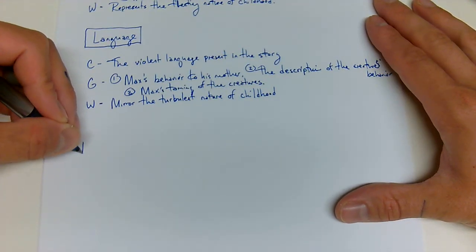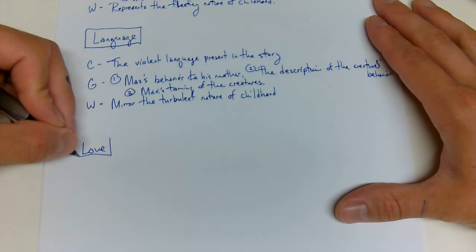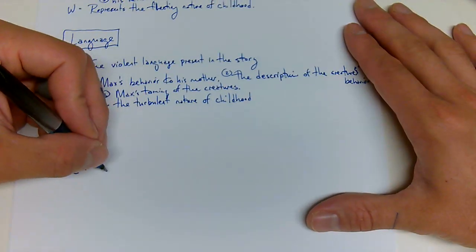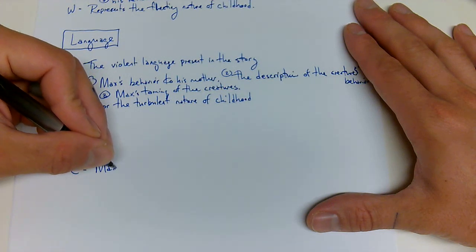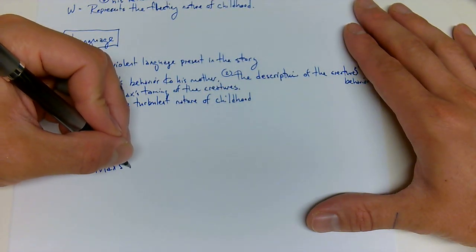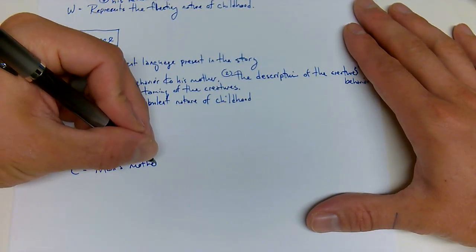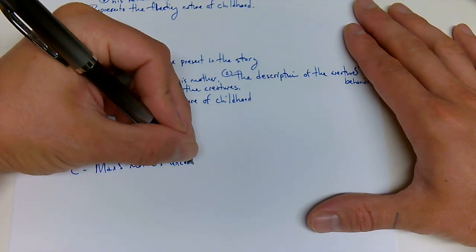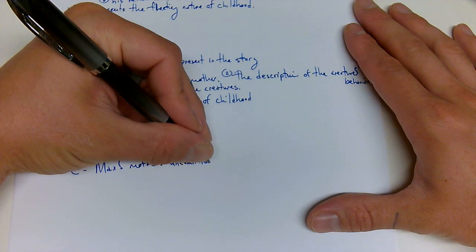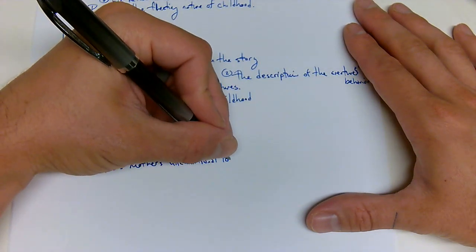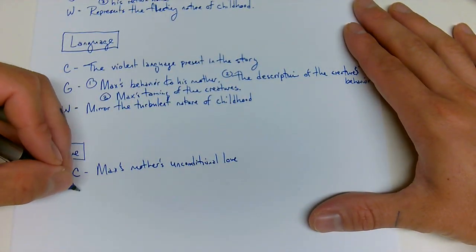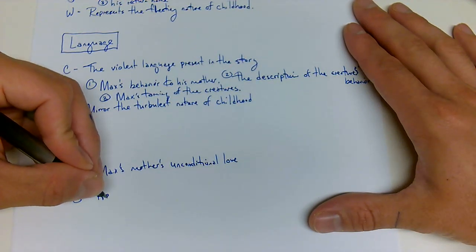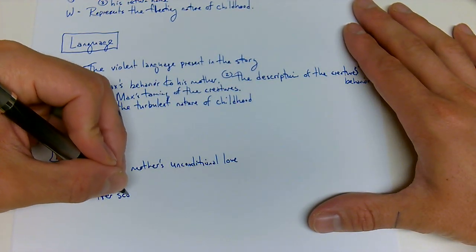So talk about love. We have our claim: Max's mother's unconditional love. So she scolds him in the beginning.